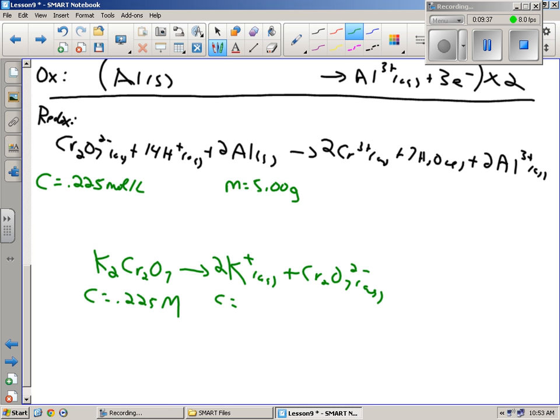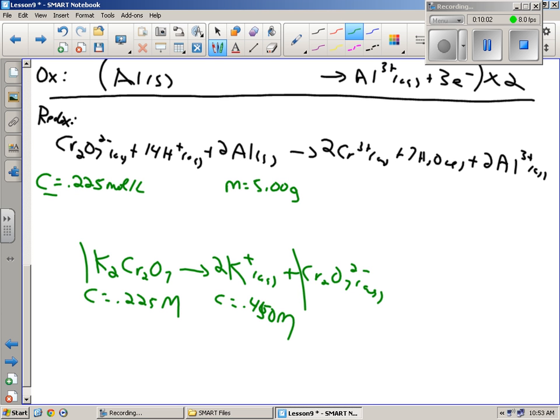No. Double. So 0.450 molar, yes? But what's the concentration of the dichromate ion? The same, correct? Because it's a 1-to-1 ratio, yes? So therefore the concentration would be the same. So is it okay if I put that up here? Right there? Sure it is, because the concentration is the same.